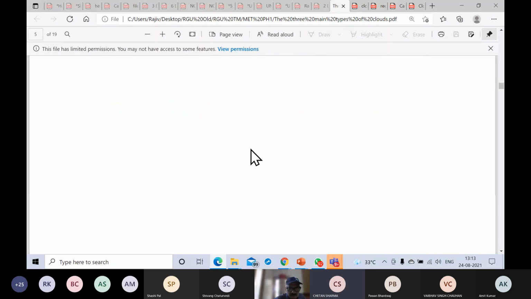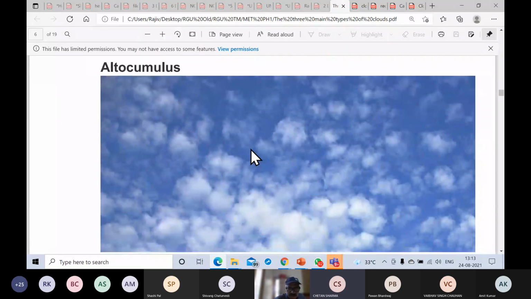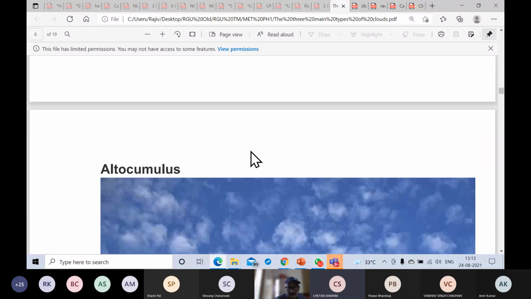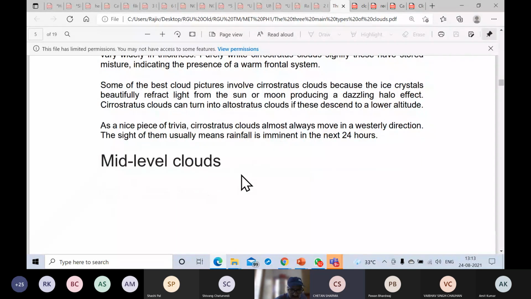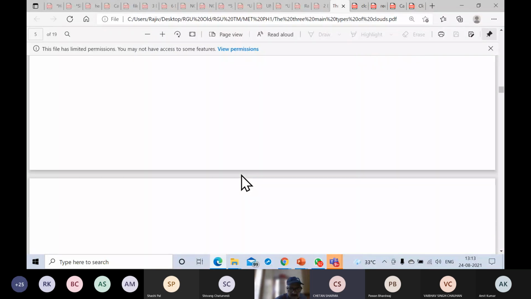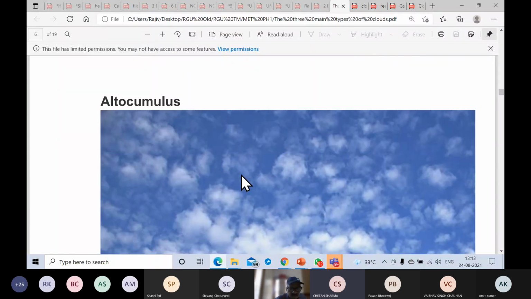सर, ये साइरोस्ट्रेटस में हेलोज वगैरह क्रिएट होते हैं क्या? हेलोज क्रिएट होते हैं? यस सर. नहीं सर, कहीं पढ़ा था कि हेलोज क्रिएट होते हैं. सर हेलोज वैसे जैसे मिड लेवल क्लाउड्स में ऑल्टोस्ट्रेटस में होते हैं ना.